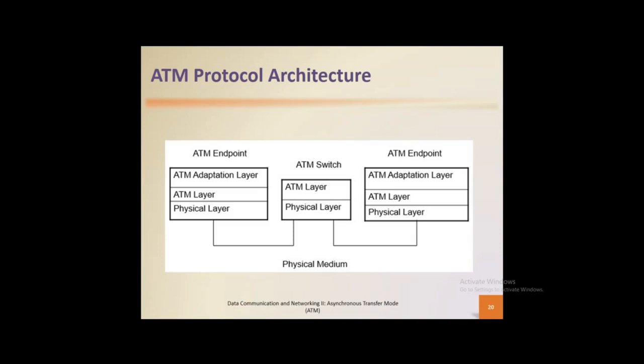The terminal within an ATM device setup would have 3 layers. The ATM switch itself would have only 2 layers, which is the ATM layer itself and then the physical layer. So keep that in mind. The endpoint device or terminal device that connects into an ATM switch would have 3 layers because they're basically the ones carrying the data.